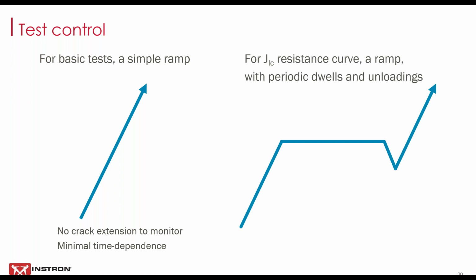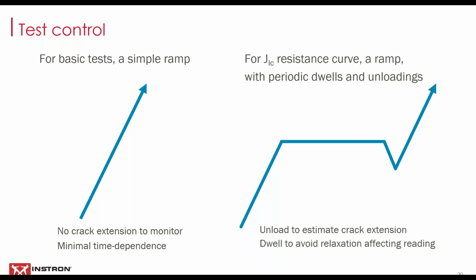When we start looking at more ductile tests, for example, a J1C test, what we do is a ramp, but periodically we hold for an amount of time and unload a little bit and then carry on. What this allows us to do is to estimate how much the crack has extended each time we unload.